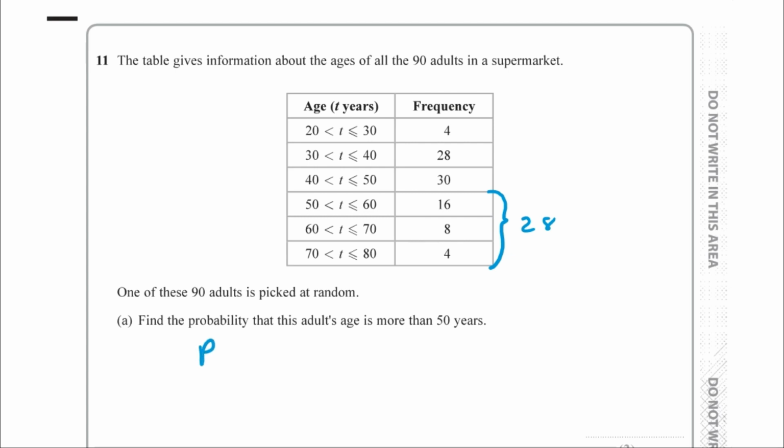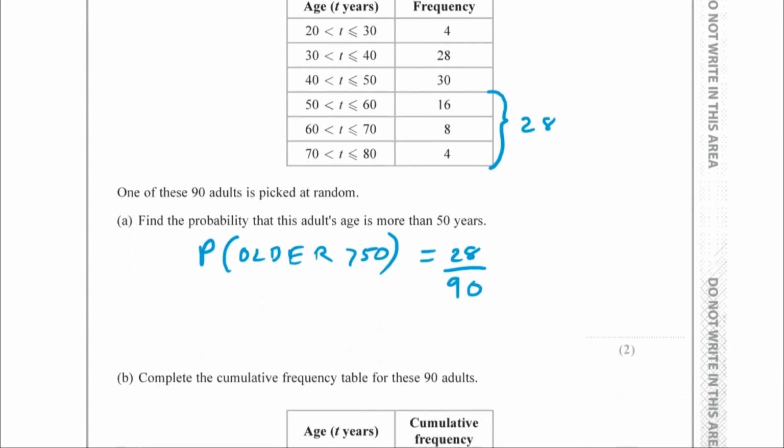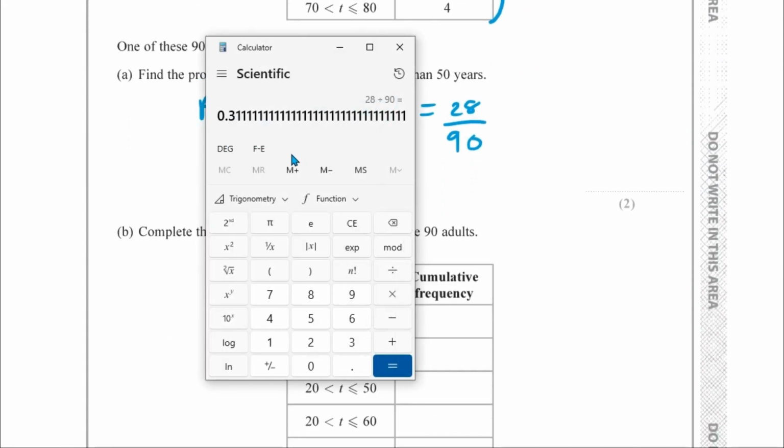Now the probability of someone being older than 50 years old, you could say, is 28 out of the total number of people, which is 90. And we can go ahead and plug that into our calculator. As you can see here, 28 over 90 is 0.31 with the one recurring.